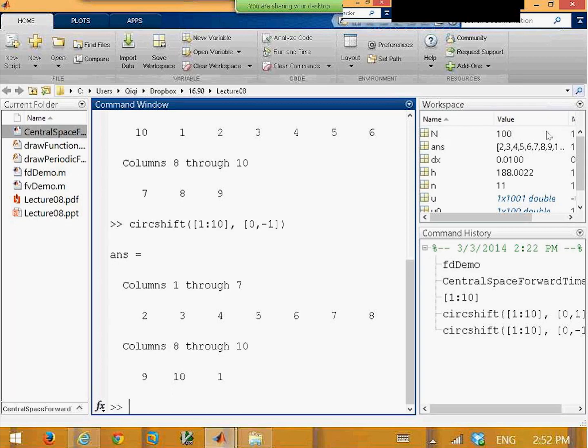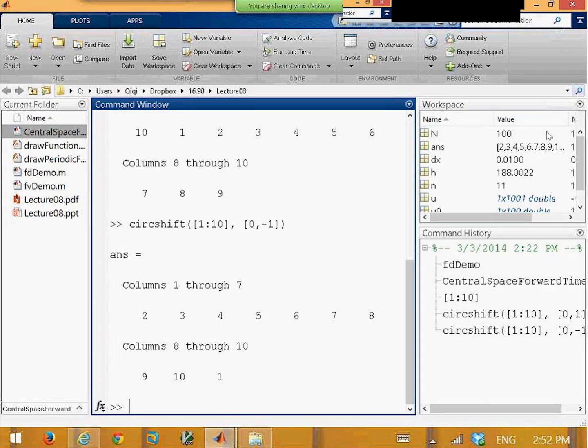So this is the way to construct u i plus 1 if you have a periodic boundary condition. What about u i minus 1? This is my u i minus 1. This is my u i plus 1, right? Any question on that?